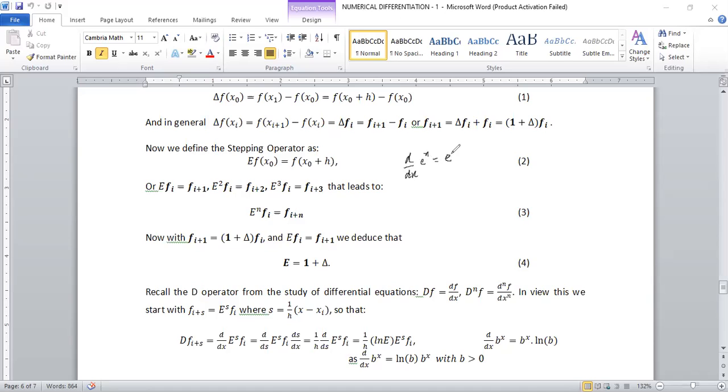I hope you remember that it is e power x. But what if d by dx of b power x is taken? It will be b power x multiplied by ln of b. So when I write down the derivative with respect to s of something raised to power s, I will have something raised to power s multiplied by ln E, a tool from calculus that we use here.